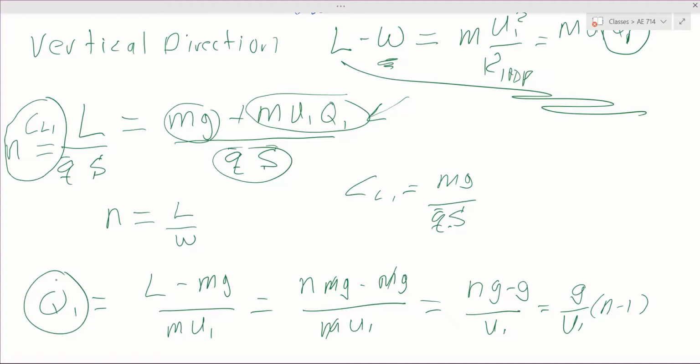And the one thing to notice is just like in the turning flight, when we did the force balances, the terms that showed up in the equations of motion for steady state flight were determined by the force balances of the free body diagram. So in turning flight, that's how we got R1 and Q1. And here, the force balance gives us Q1 in terms of load factor, just like we did over there. All right, can I switch back to the board? Is everybody caught up with this?